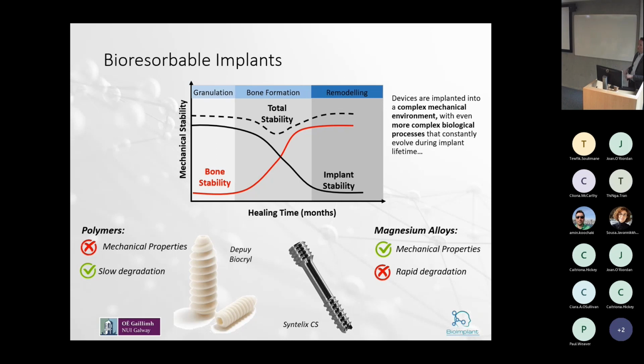However, their mechanical properties tend to be quite low. Magnesium alloys have higher mechanical properties, obviously because they're metal-based, but they tend to have uncontrollable degradation processes. So with both of these, it's finding a balance between being able to fulfill load-bearing functions, but also being able to do that for sufficient time such that the fracture region is adequately supported.